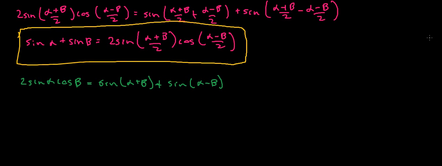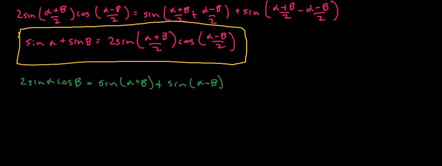Now the object here is going to be to get one of each sign to have just an alpha or a beta. So to get an alpha and a beta eliminated from these, but also to have the sign reversed of one of these, sine alpha plus beta or sine alpha minus beta, I need to get the sign to change for one of them, so it's a difference of signs.